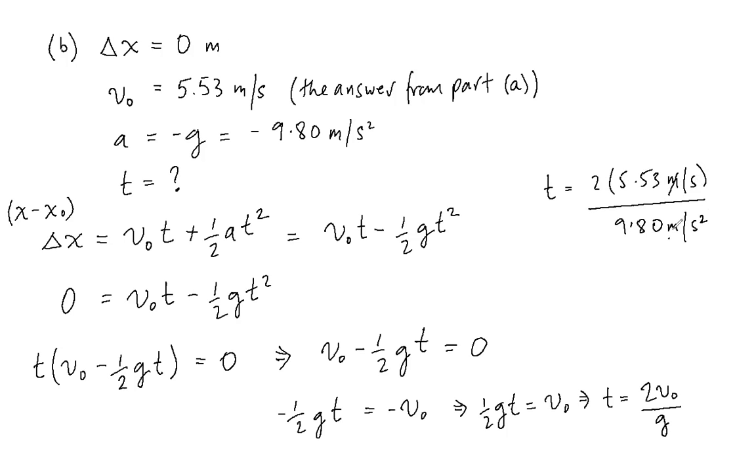So the meters cancel, an inverse second cancels with one of the inverse seconds down below, and inverse seconds are just seconds. So this is now going to be in seconds, which is what we want. You do this math on your calculator, and I think you get something like 1.13 seconds. So you throw your hat, up it goes, and it comes back down a little bit more than a second later.